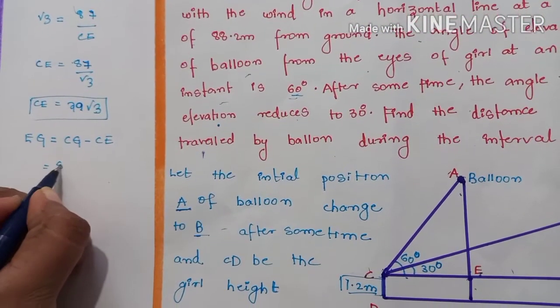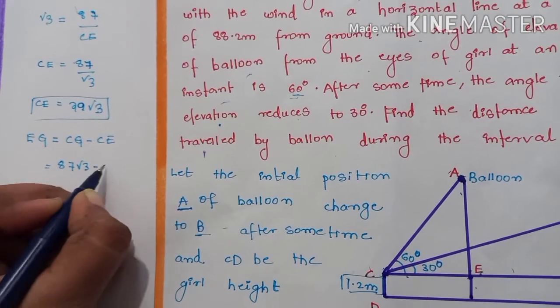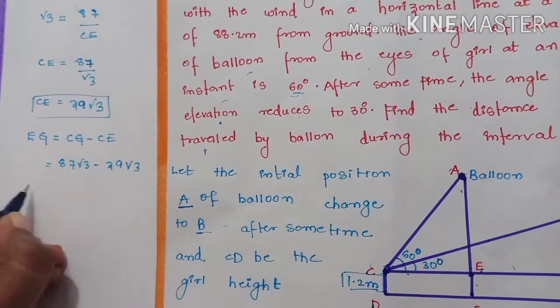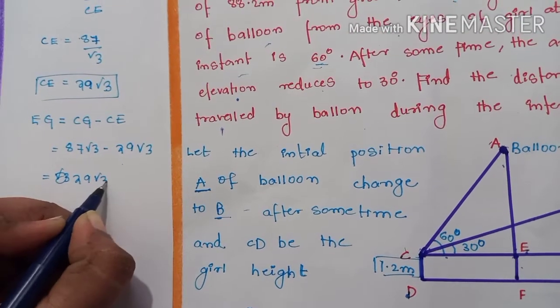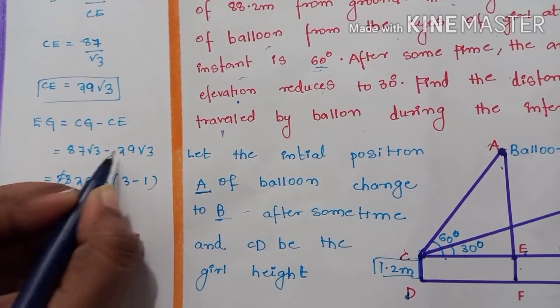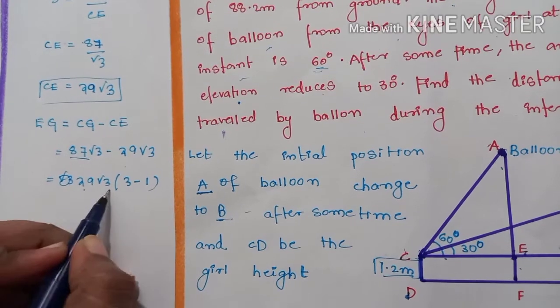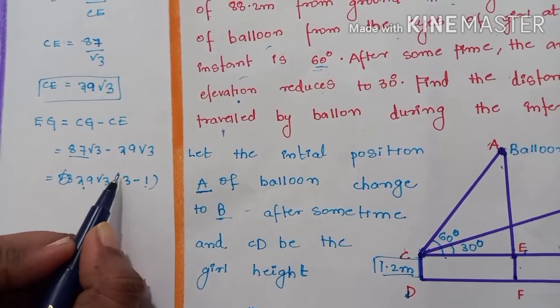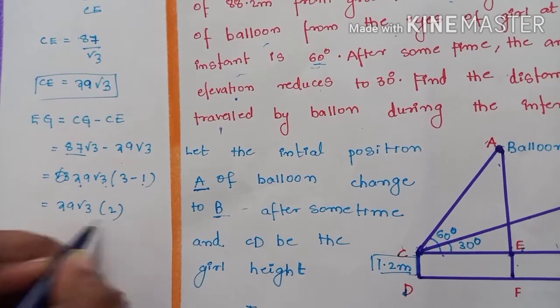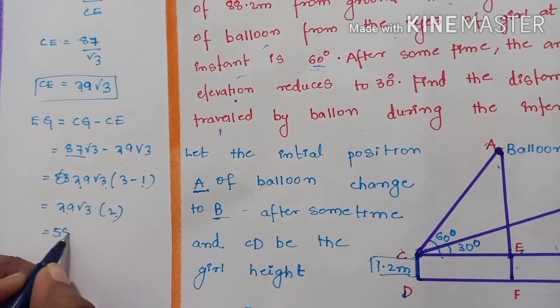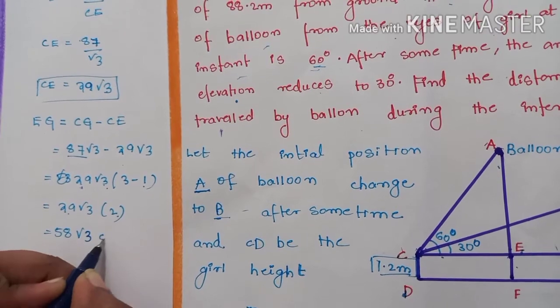So 87 root 3 minus 29 root 3. Taking 29 root 3 common, we get 3 minus 1, since 29 into 3 is 87. So 29 root 3 into 3 minus 1, which is 29 root 3 into 2. 29 into 2 is 58, that is 58 root 3 meters.